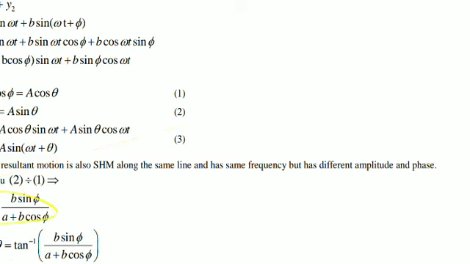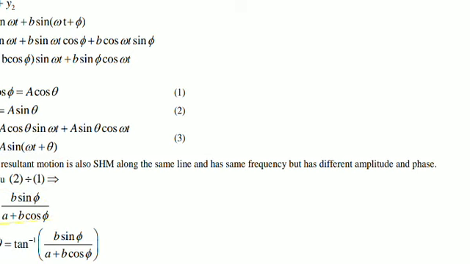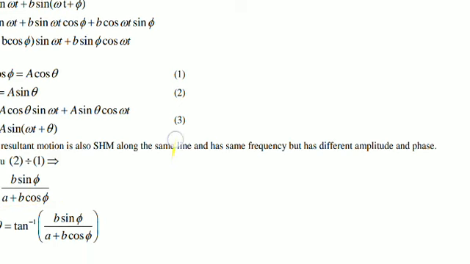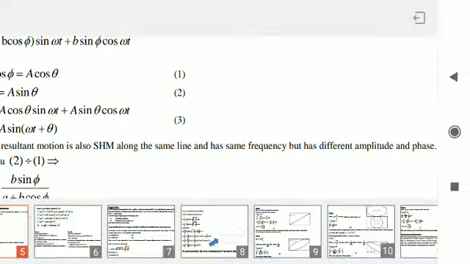So from this equation we get the value for theta as tan inverse of b sin phi upon a plus b cos phi. So what will be the new phase difference? That information can easily be obtained with the help of this particular formula. If you know the values of small a, small b, and phi, you can easily get the value for the new phase difference.